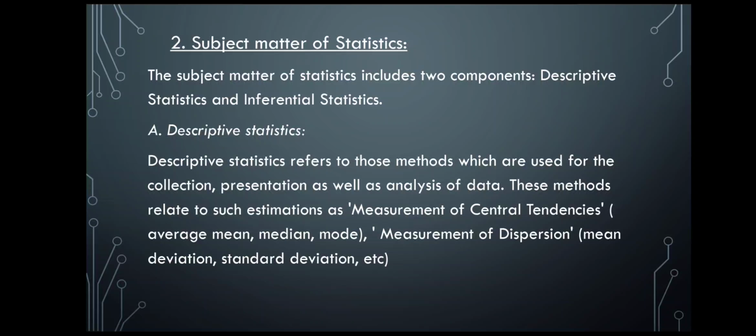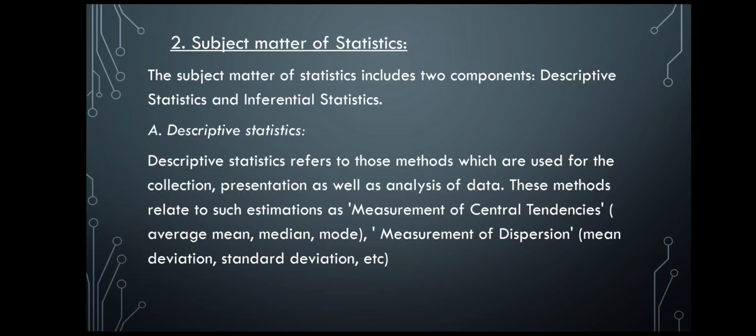Next is subject matter of statistics. There are two components in subject matter of statistics. The first one is descriptive statistics and the second one is inferential statistics. So descriptive statistics refers to those methods which are used for the collection, presentation as well as analysis of data.